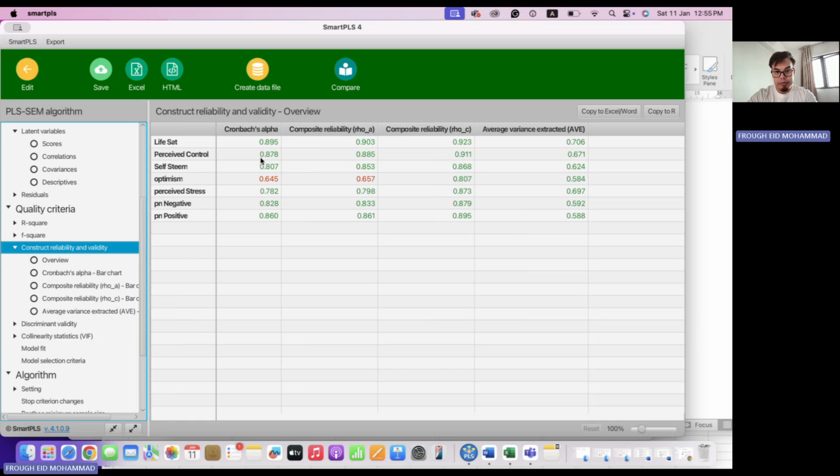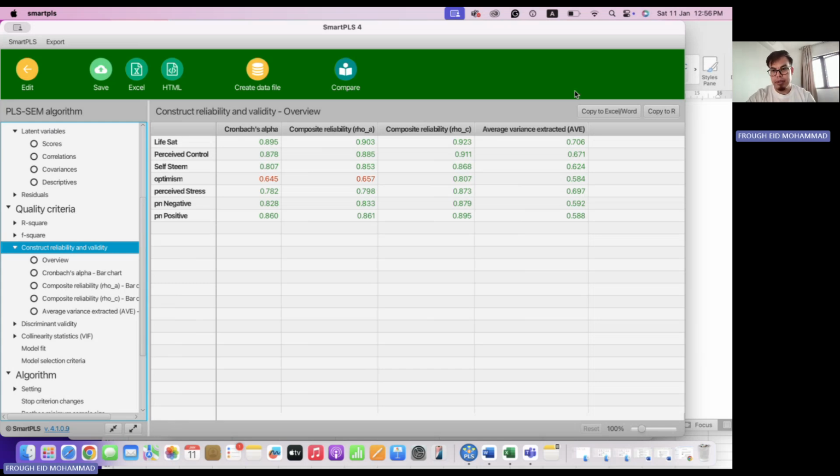So Cronbach's alpha, the composite reliability rho_A, I've removed, and I've kept rho_C, and this is the AVE. The AVE means the value for the construct, how much percentage of the construct is explained, or how much the indicators are correlated with the construct.